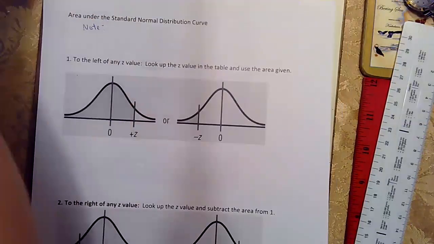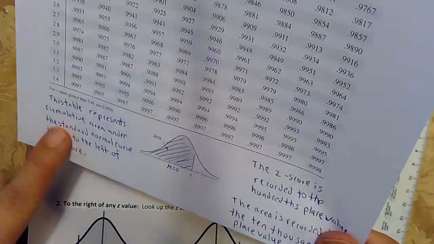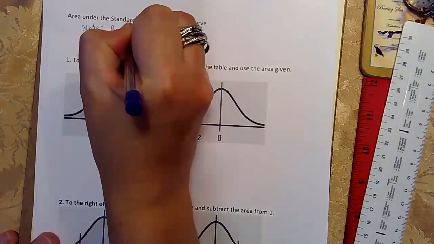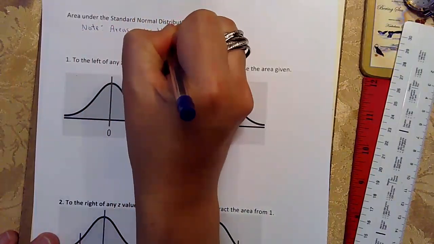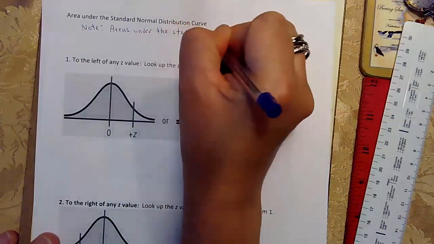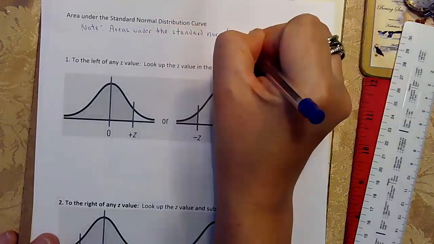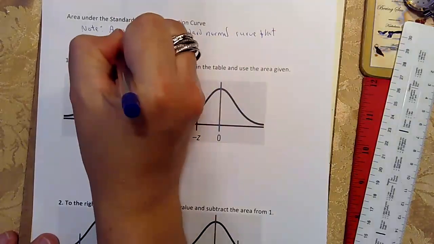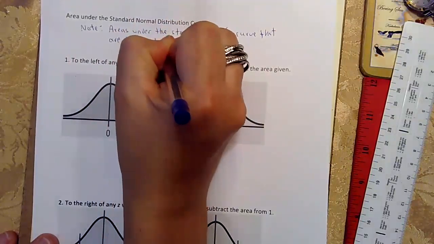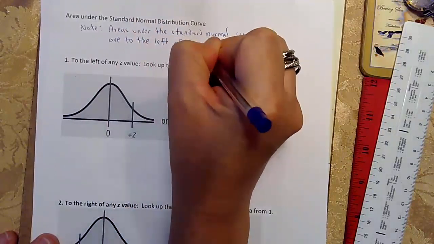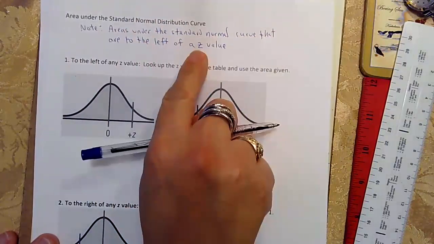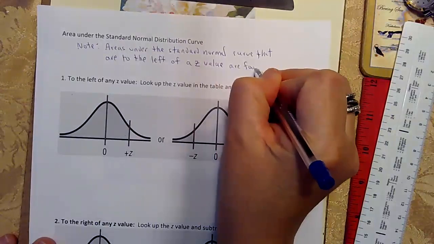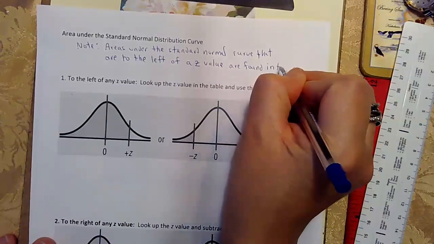This idea is that areas under the standard normal curve that are to the left of a z value are found in the table.